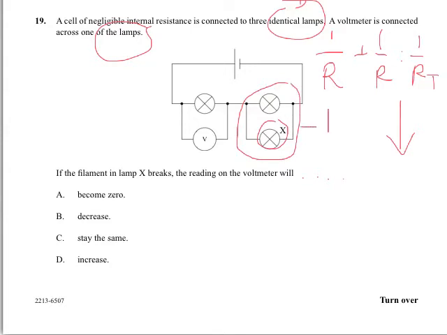The net resistance is less than the individual resistance. If one of these bulbs breaks, this resistance will increase. Now, what's the consequence of the resistance increasing? The energy that's being distributed to the circuit will change, the distribution will change. You will have more energy per unit charge going to this bulb because its resistance has increased. So therefore, there is less energy reaching this bulb, so therefore the voltage will decrease.